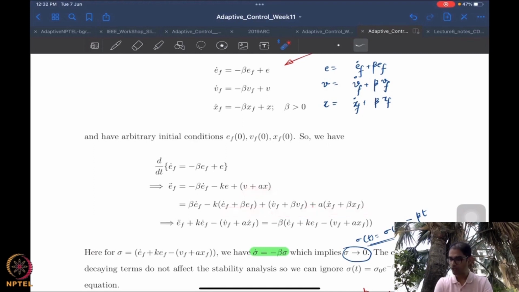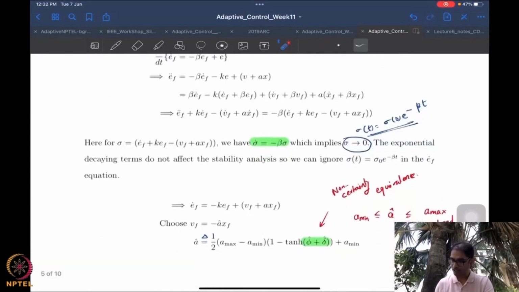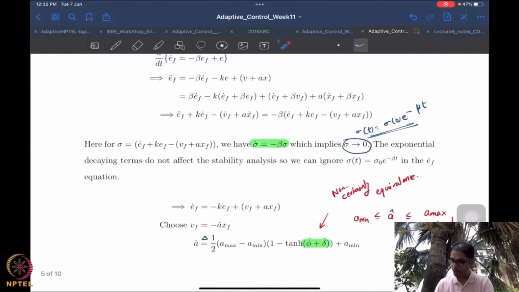So just substituting everything in terms of my filtered variables, wherever available. And then I separate out terms with beta on one side and without beta on the other side. And if I define this quantity that's multiplying beta on the right hand side as sigma right here, it's very easy to see that the equation that I have now is sigma dot equals minus beta times sigma.